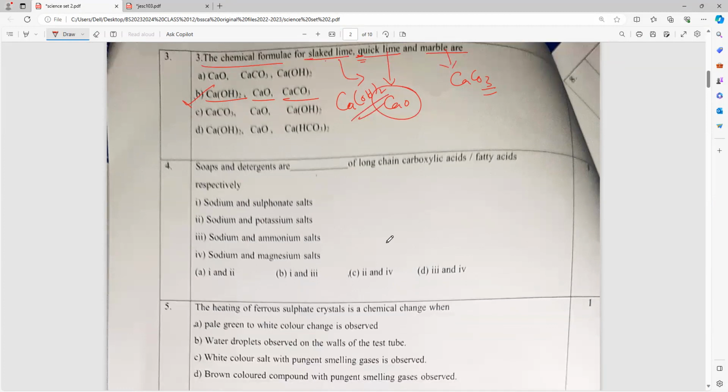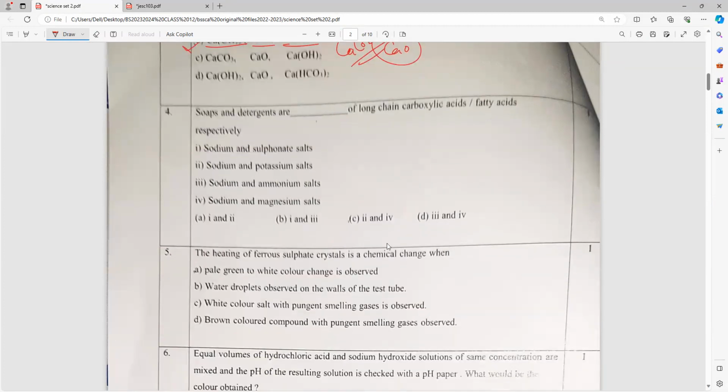Next. Soaps and detergents are dash of long chain carboxylic acids of fatty acids respectively. Soaps and detergents are what? Carbon compounds. Everybody open fast. Carbon compounds, which paragraph?